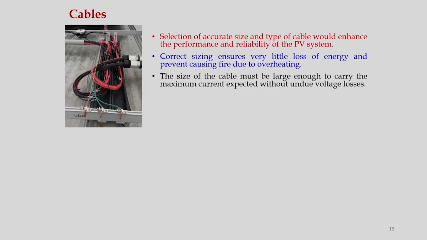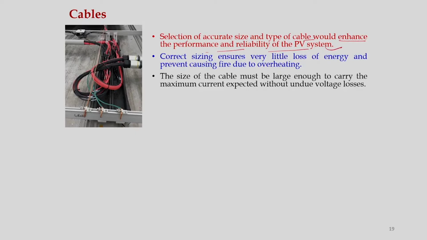Now, let us learn something about the kind of cables used in grid connected PV systems. The selection of cable plays a key role in the proper functioning of a grid connected PV system. The selection of the accurate size and type of cable enhances the performance and reliability of the PV system.